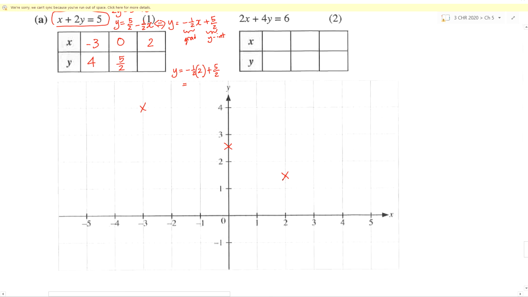So take our ruler and join up the points.